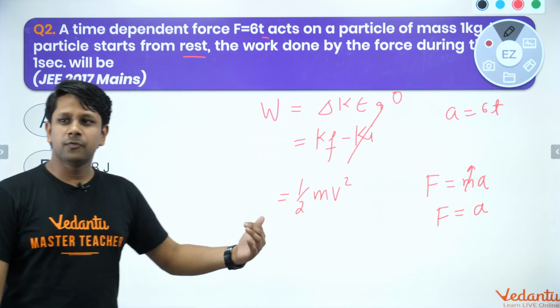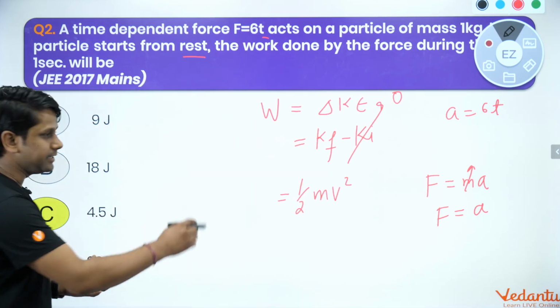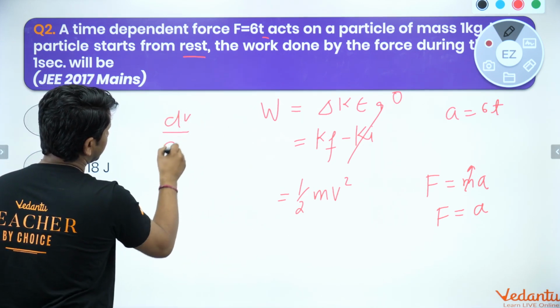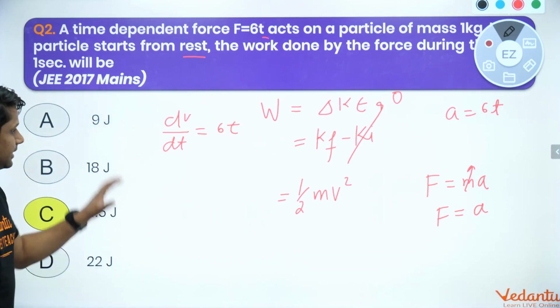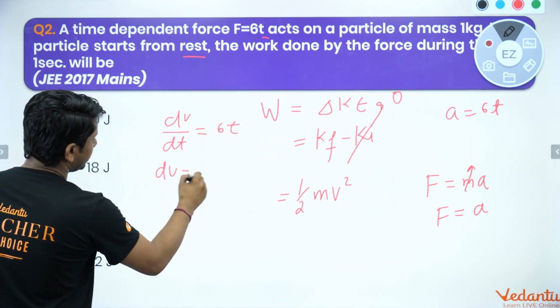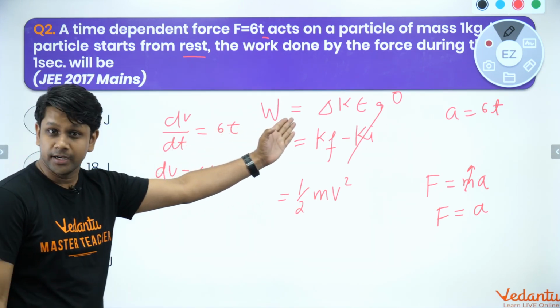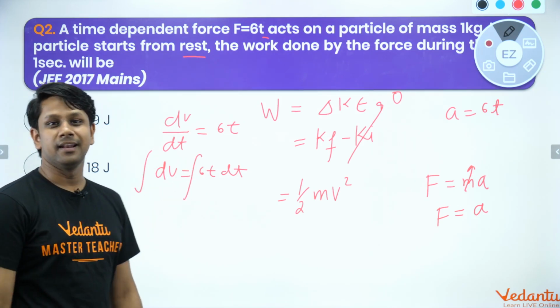Mass is 1, so force is equal to acceleration. Acceleration is 6 into T, and bachcho acceleration ko you can write dv divided by dt. So dv by dt is 6 into T. Then next step you can write dv is equal to 6t dt. Just variable separable. dt you can take that side. Now integrate this and get the final velocity.